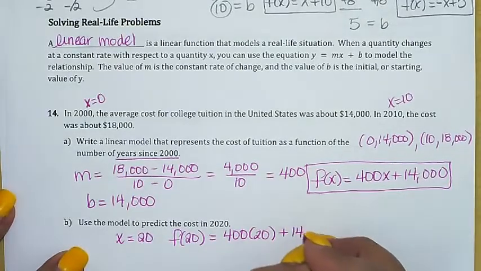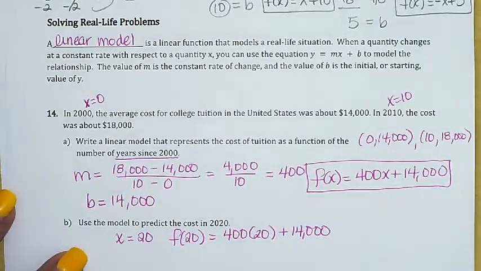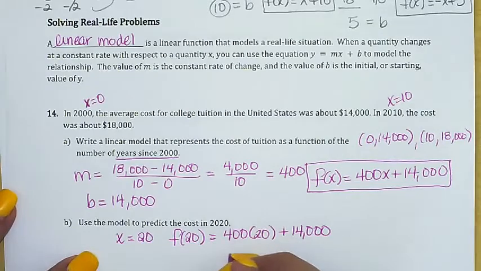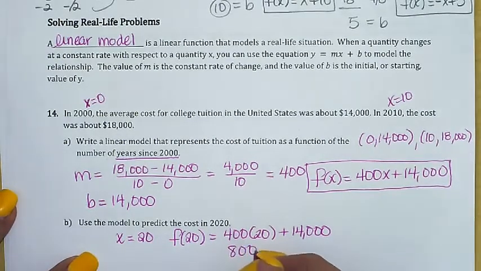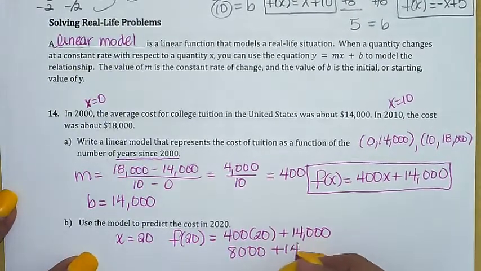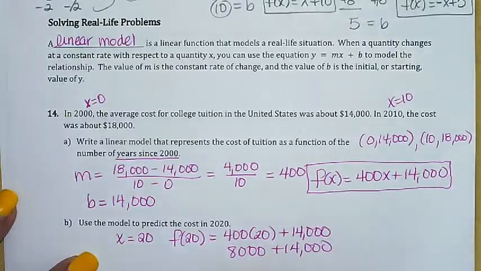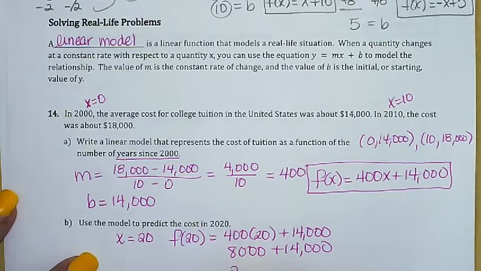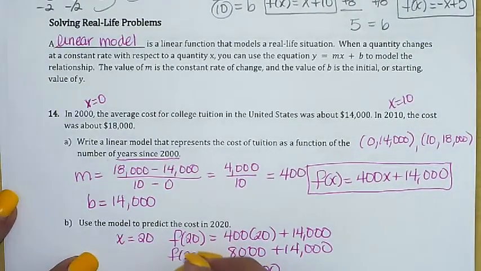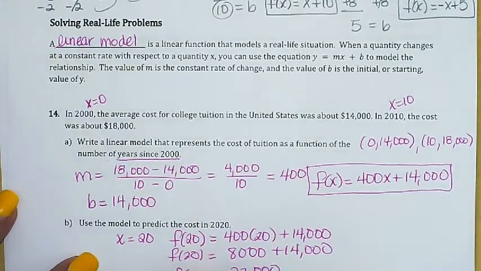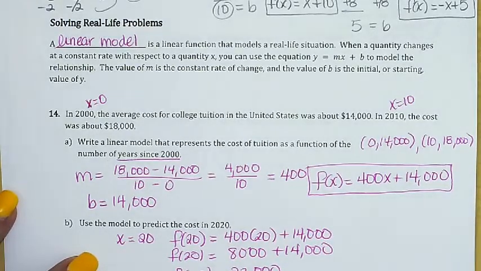So we plug in the 20 for our input. 400 times 20 is 8,000. And then if we add those together, it turns out that is 22,000. So f of 20 is equal to 22,000.